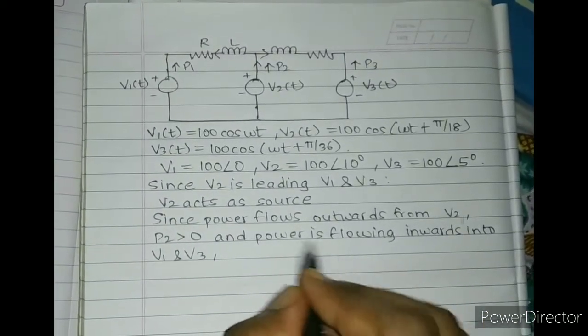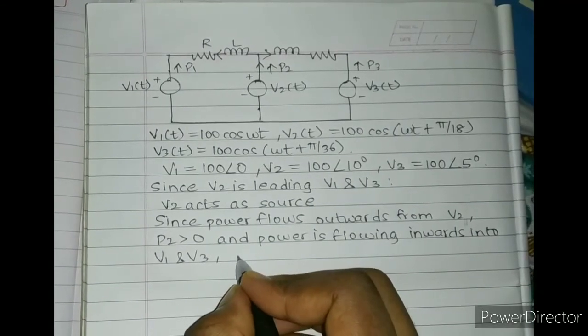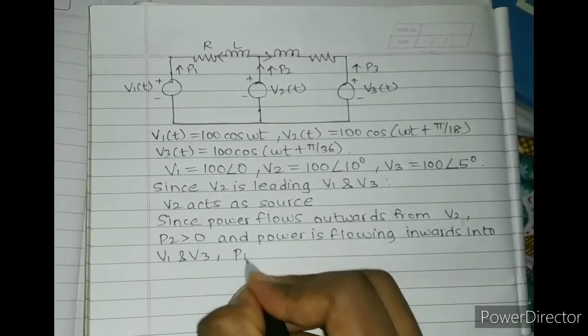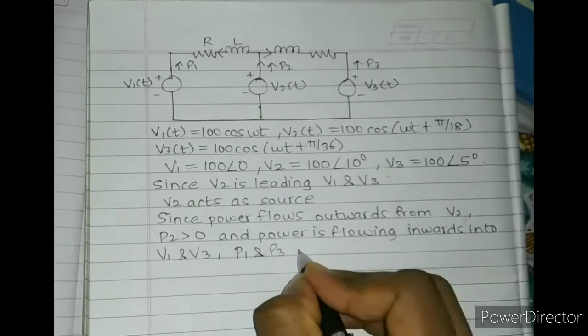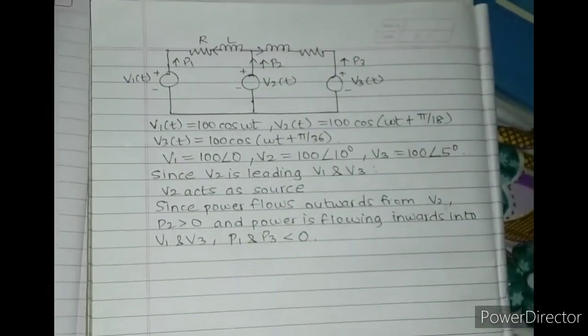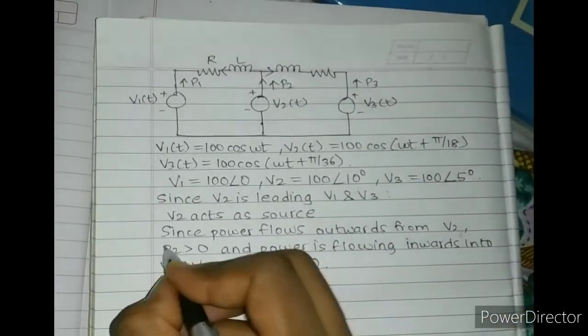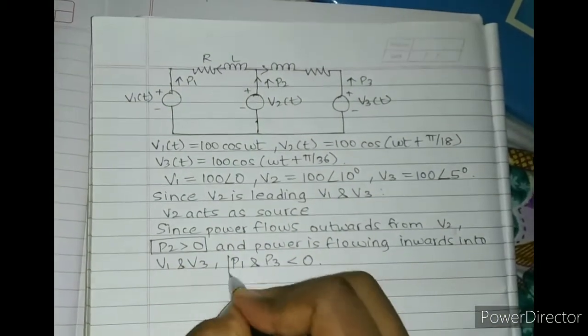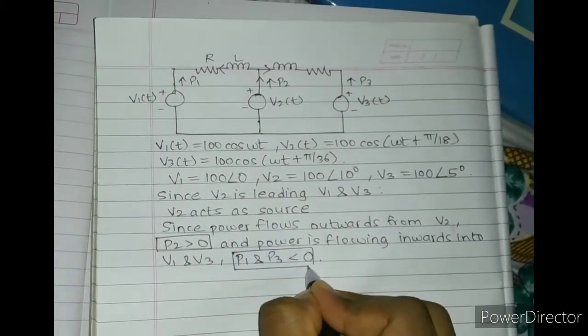So P1 should be less than 0 as well as P3 should be less than 0. So the answer is P2 greater than 0 and P1 and P3 less than 0. That is option C.